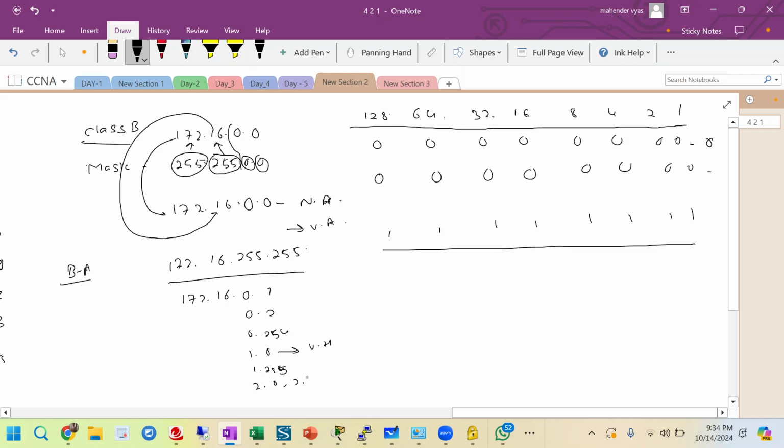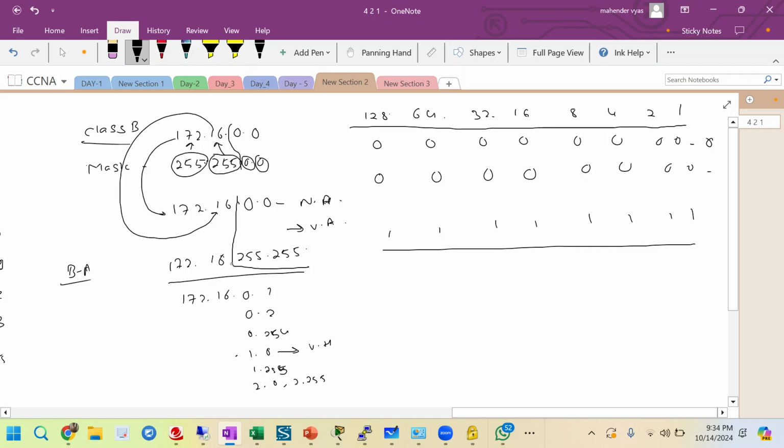I have one question. 172.16.0.1, I did understand that, but how will these addresses come, 172.16.1.0? Because here the host bits are 16 bits now, right?